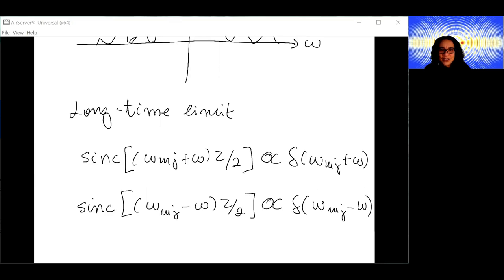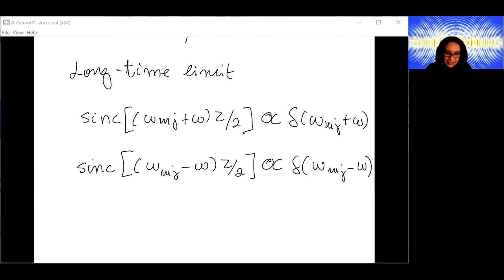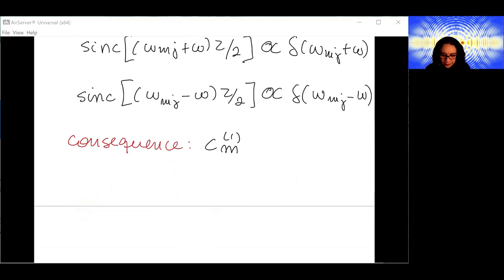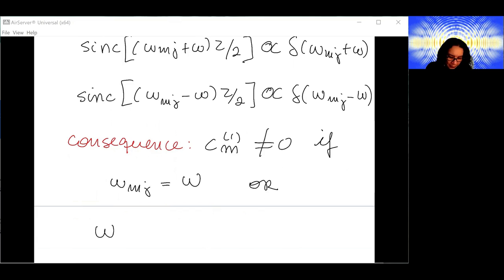So this means that these coefficients, so it is our main conclusion, this means that in this limit, Cm1, which is the first order transition coefficient, is going to be non-zero only if omega mj is equal to omega, or omega mj is equal to minus omega.